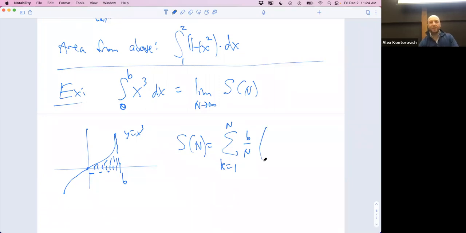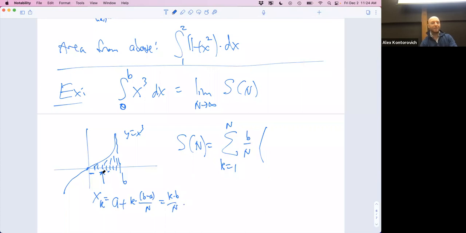What is the height of each rectangle? Where is the location of the kth x value? The kth endpoint is always a plus k times what we skip by. But in our case, a is 0. So it's just k times b over n.